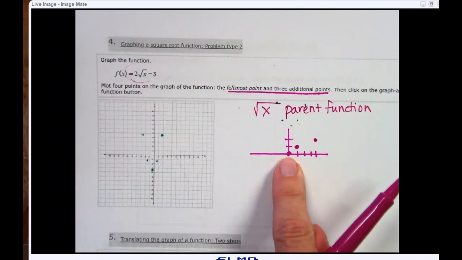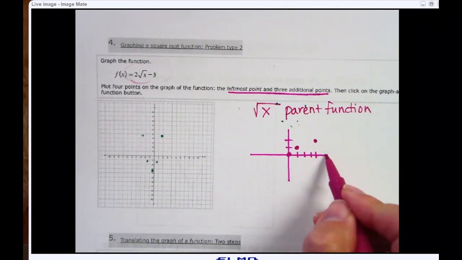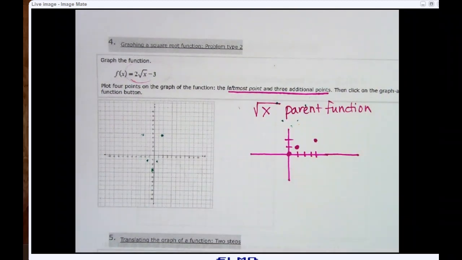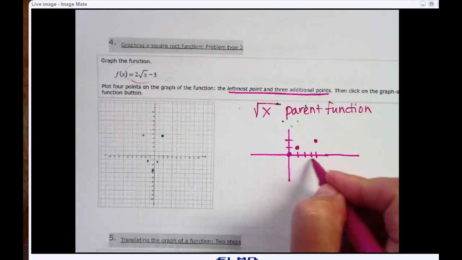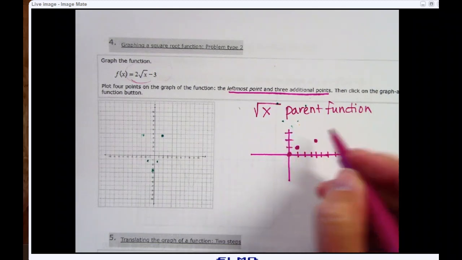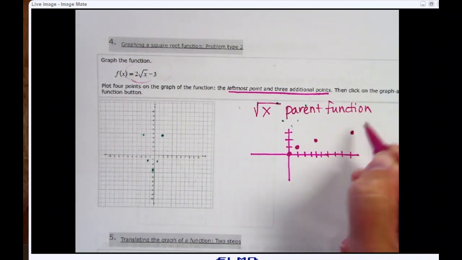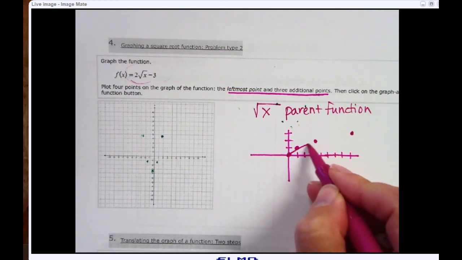So here's my leftmost point, 1, 2. So I've got to do one more. What's the next number we can take the square root of nicely? 9. All right, so we're going to go 1, 2, 3, 4, 5, 6, 7, 8, 9. And the square root of 9 is 3. And it looks like this.